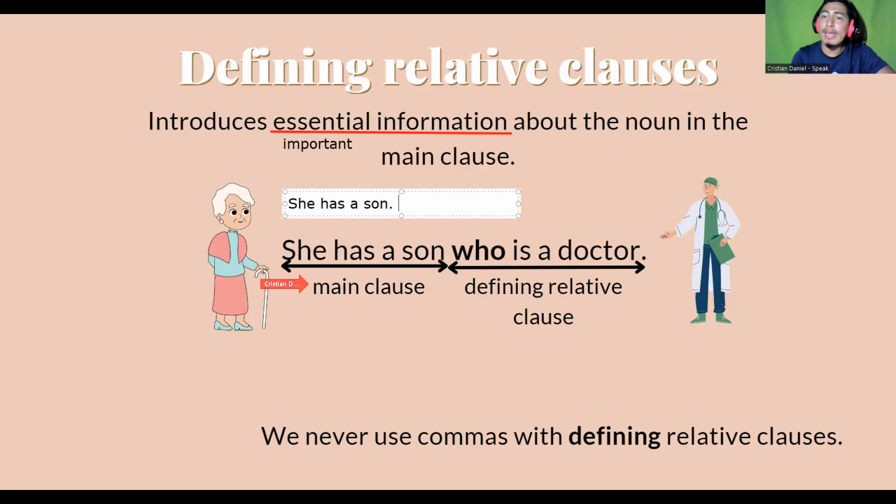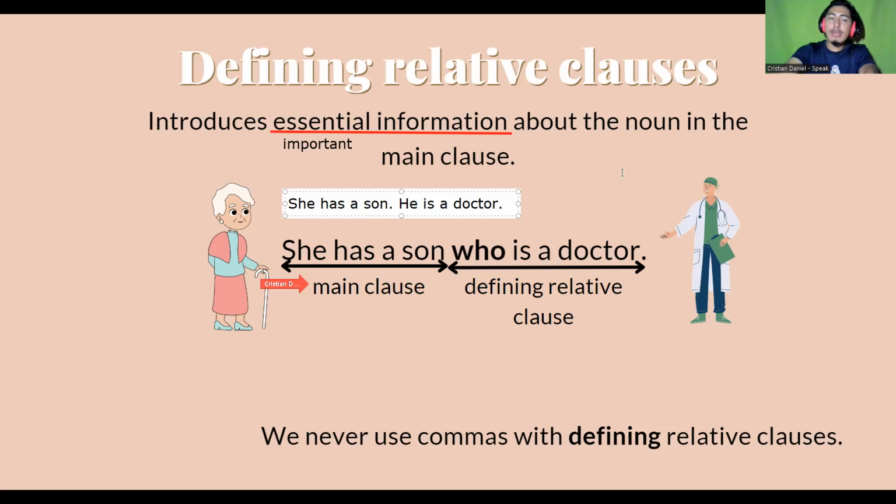Now, we can divide this sentence in two parts. She has a son. He is a doctor. And also, we have two sentences, two different ideas.